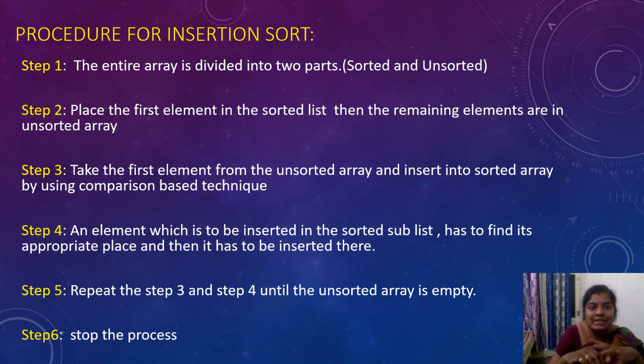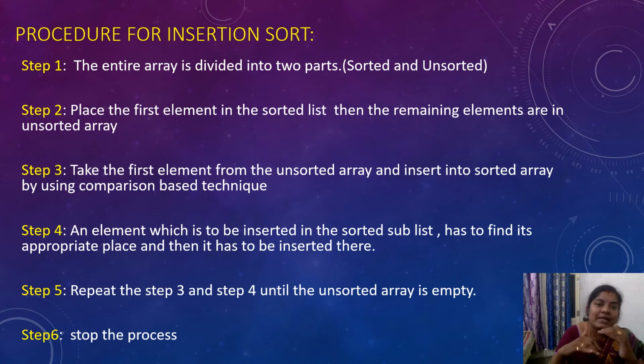Now we'll discuss the procedure to perform insertion sort. As I already told you, in the first step we divide the entire array into two parts: the first part is a sorted array and the next part is an unsorted array.